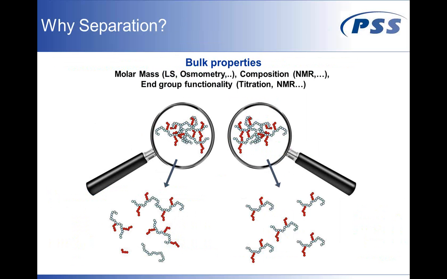You have the same composition, the same number of red and blue monomer units in both mixtures, and if you look carefully, you have the same number of polymer chains in each of these two samples, meaning the average molecular weight of both samples is identical and the average composition is identical.